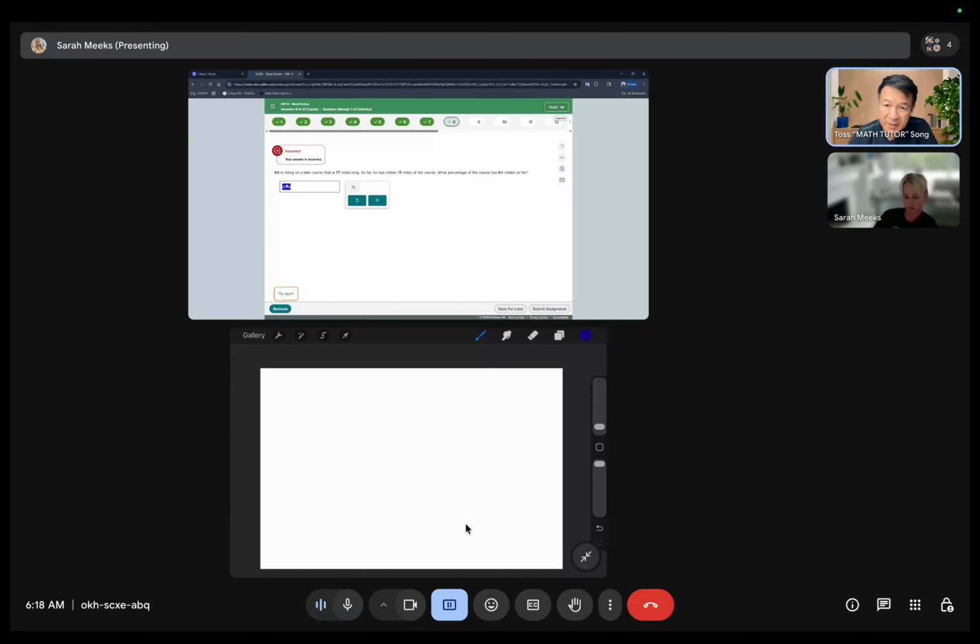It should be 38 over 95. It's implying that's the total length of the course. Wait, let me read it carefully. It's ridden that much. Sometimes they ask what's the remainder, but this is exactly what they're asking, what has been ridden.